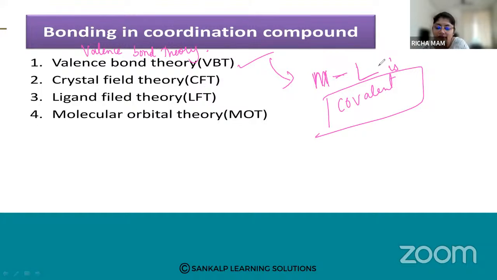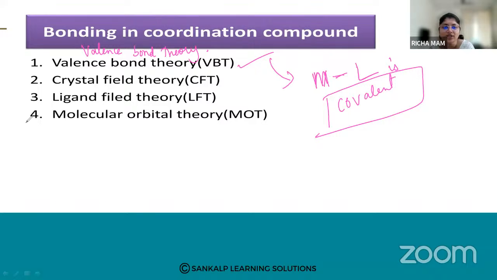What do you mean by covalent, students? Anybody? How does the covalent bond take place?